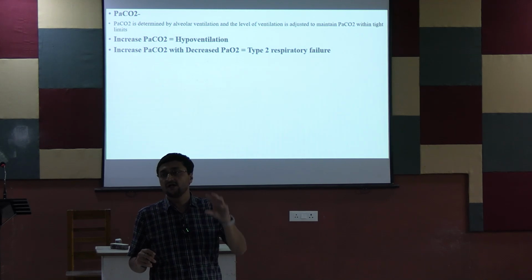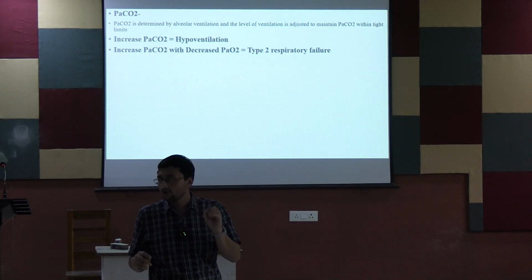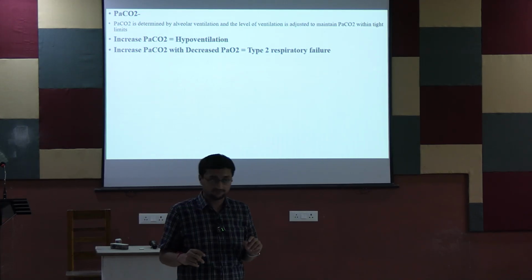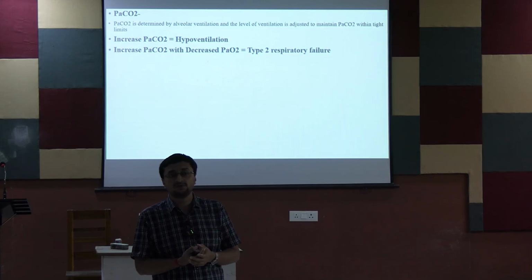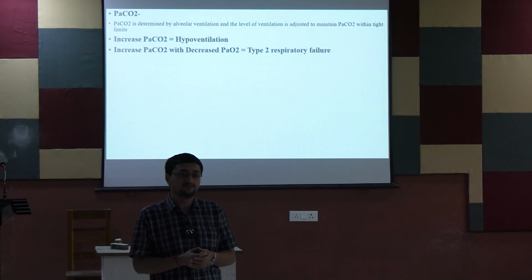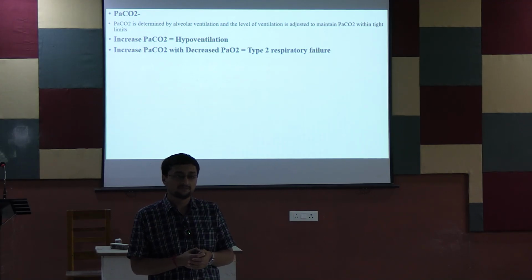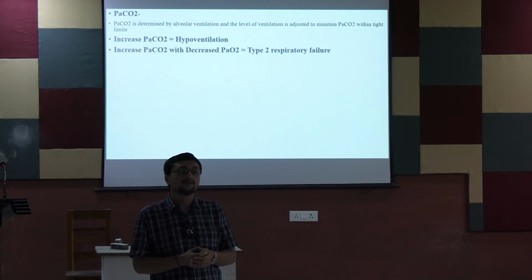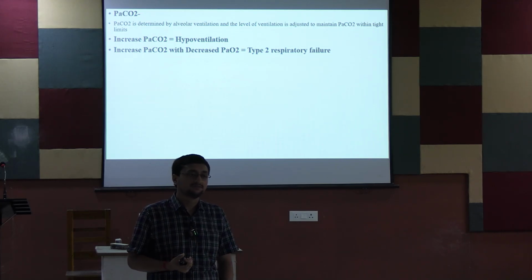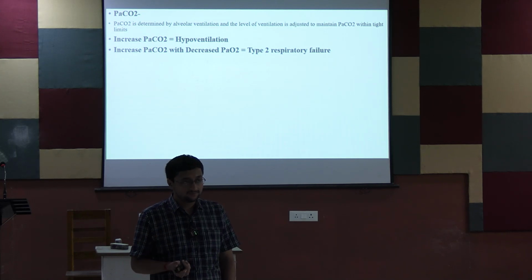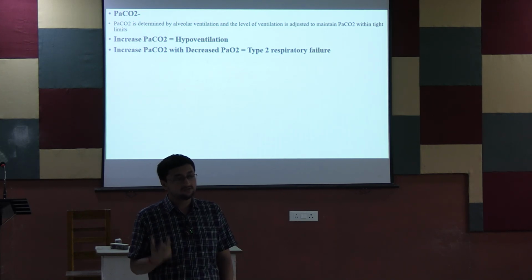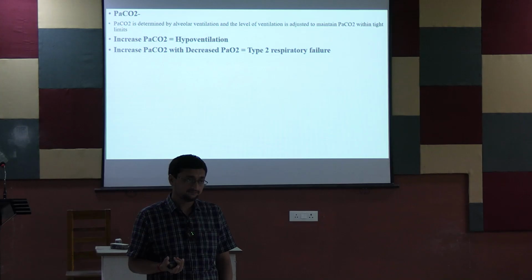That means this is hypoxic respiratory failure or type 1 respiratory failure. Example of type 1 respiratory failure, anyone? খুব most commonly কি? Pneumonia, ARDS, pulmonary edema, high altitude, এগুলো হচ্ছে type 1 respiratory failure cause.